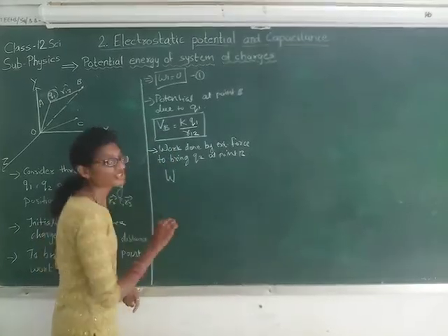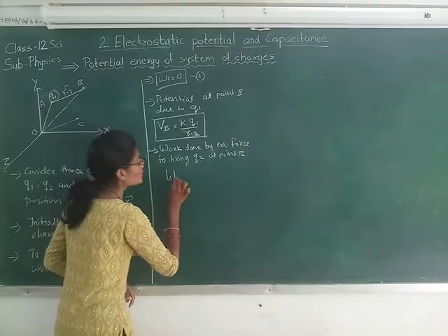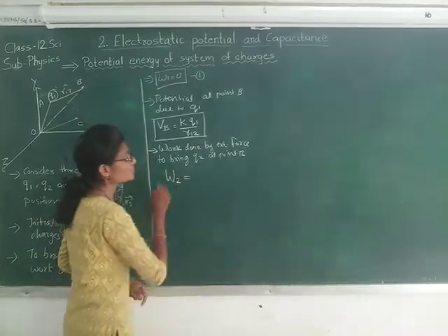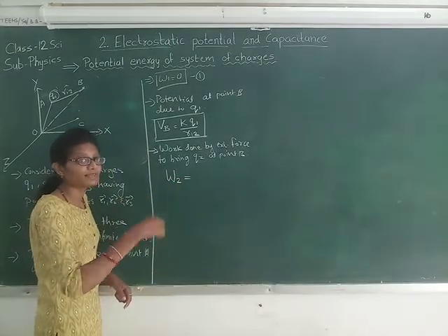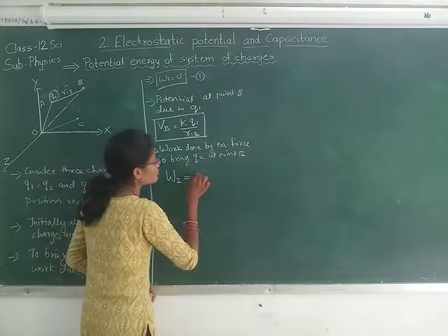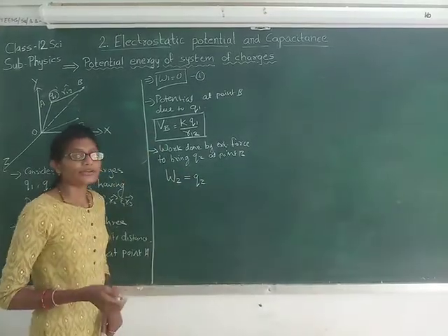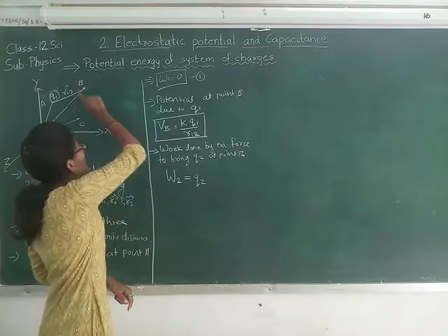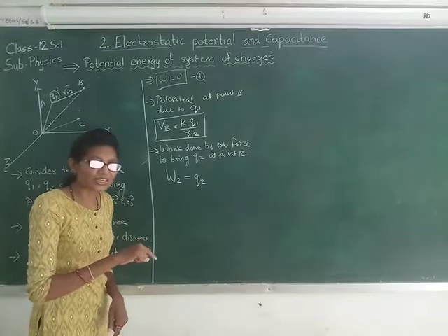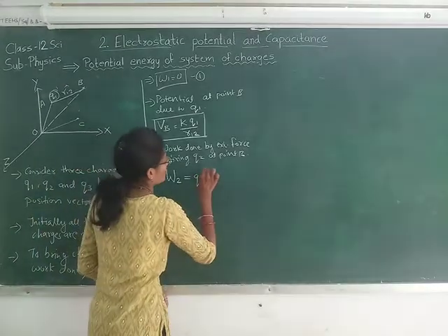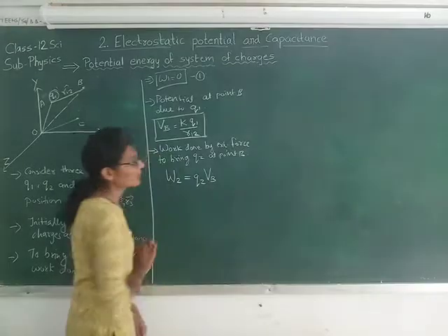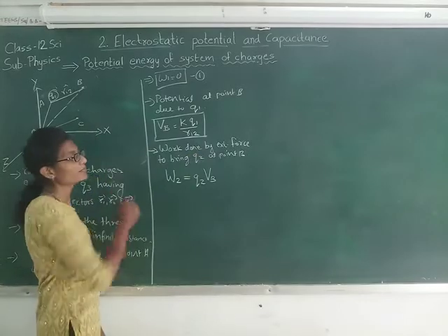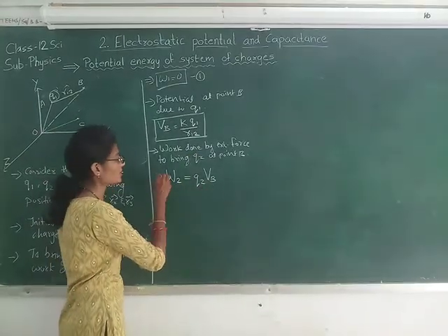Because we are bringing the charge Q2, the work done to bring charge Q2, W, is equal to Q2 into VB. VB is the potential at that particular point where we need to place the charge. So it is the potential at point B, right? So the work done to bring Q2 to this point B is equal to Q2 VB.